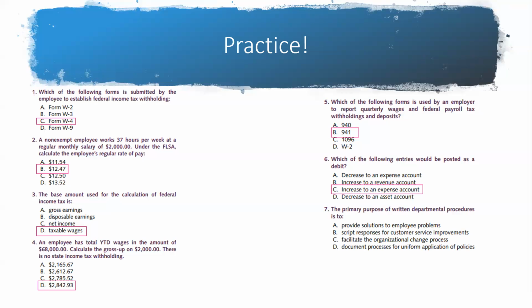Yeah, but this was kind of a trick question. I agree. If you look at A and C, you know that one of those has to be a debit, because one is increasing expense and the other is decreasing expense. Right. That's a great tip, Rebecca.